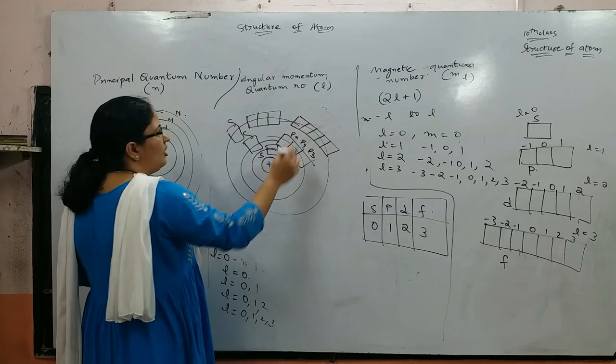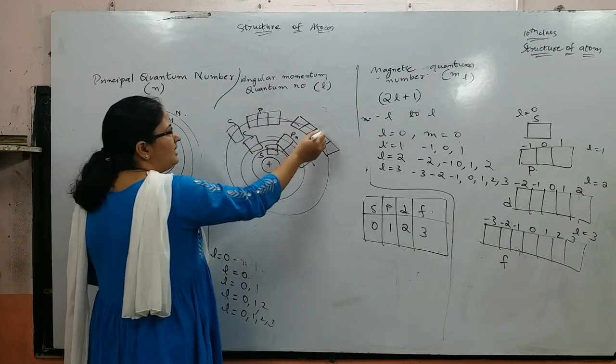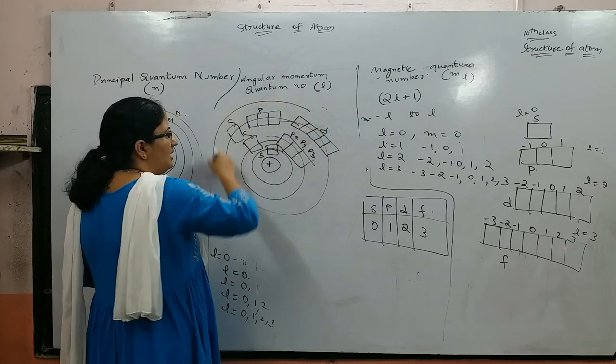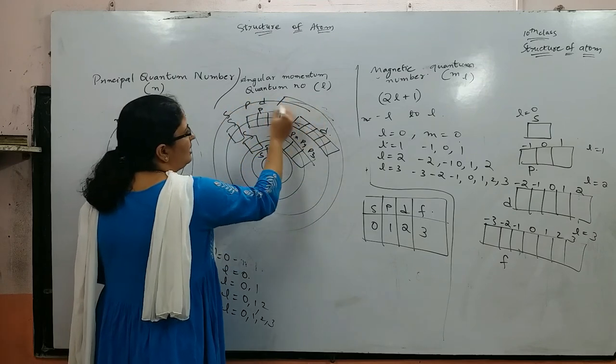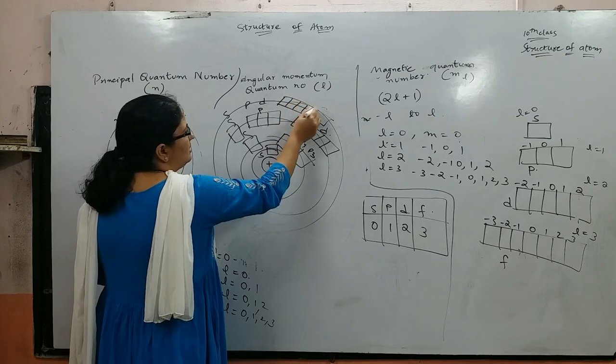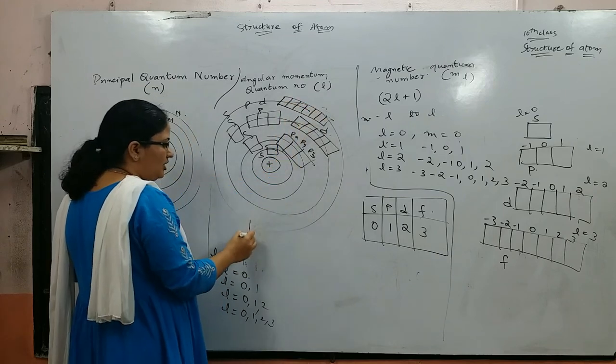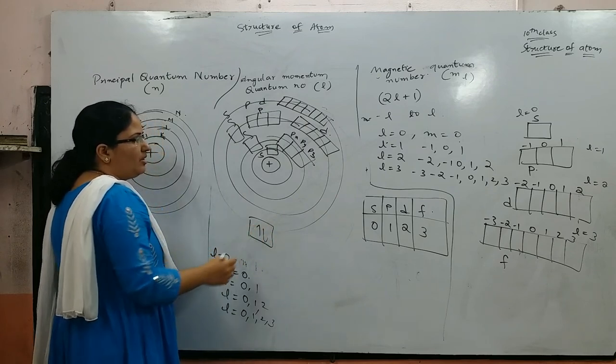D has got 5 orbitals like this. This is P and this is D. Next, F has got 7 orbitals. In each orbital you can fit 2 electrons.